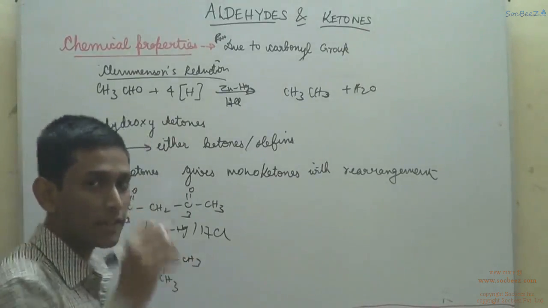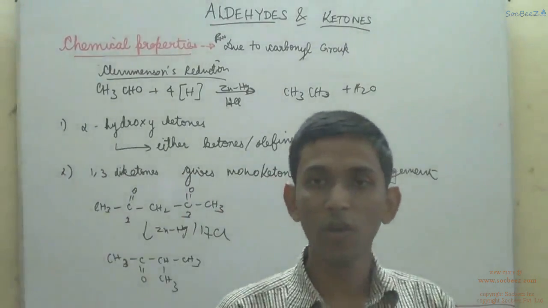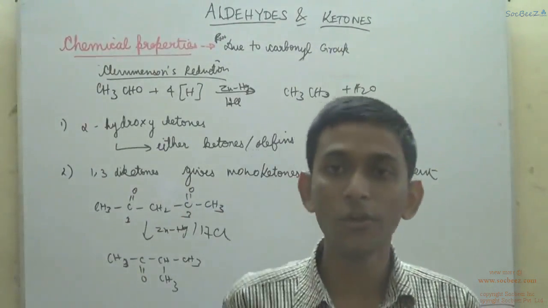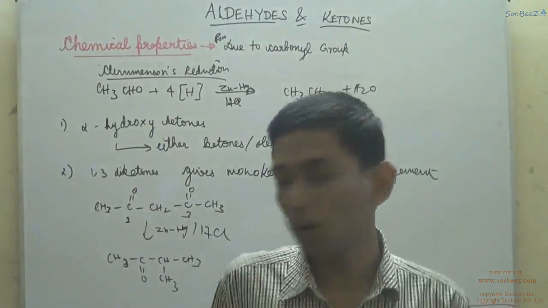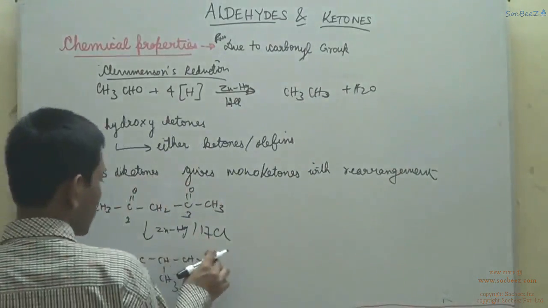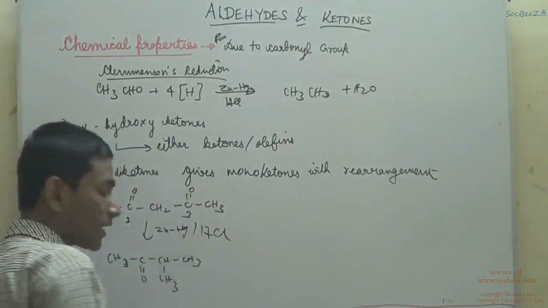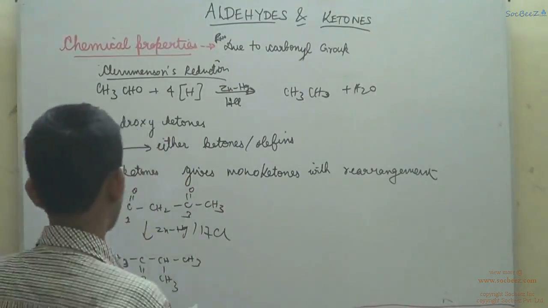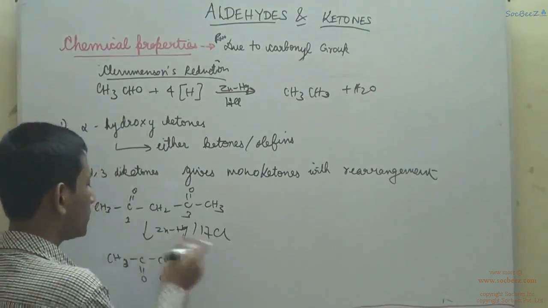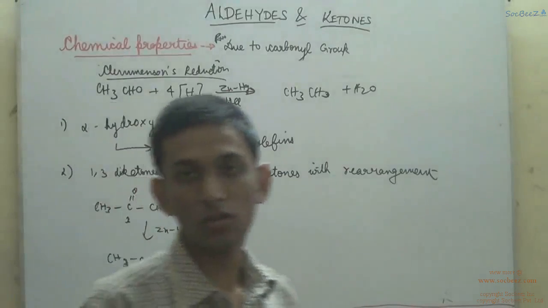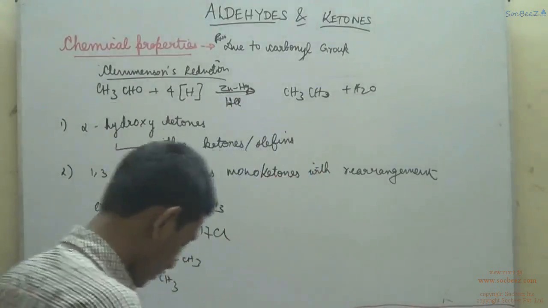Now where does the rearrangement take place? When the carbocation is formed, you know carbocations can always undergo rearrangement to form the more stable carbocation, and because here you will form basically a secondary, it forms a tertiary, so on this carbocation then H gets added. You know the more stable carbocation is always preferred, right?